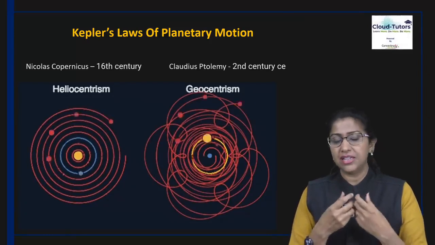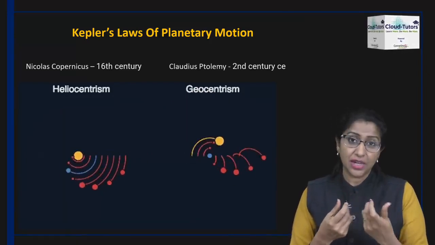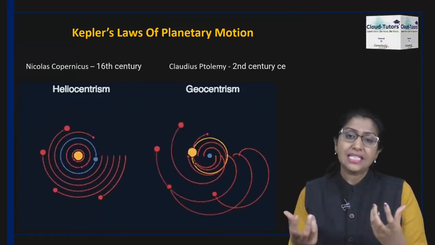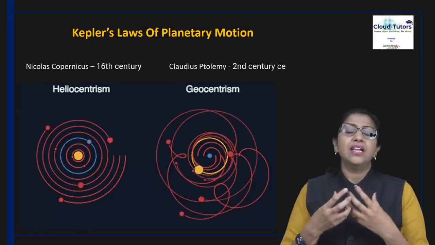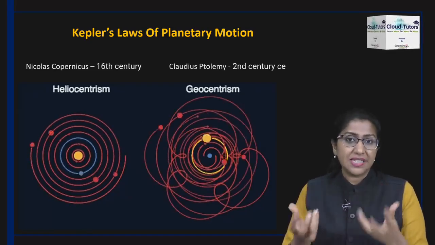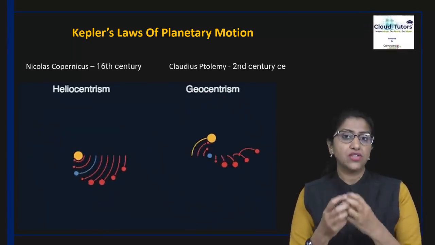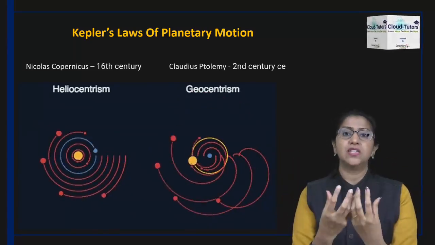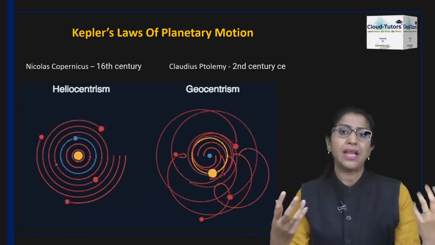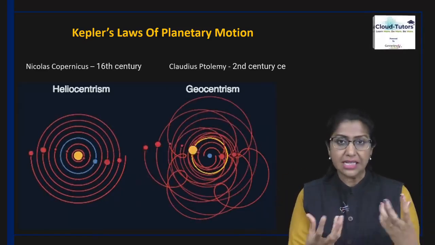Helio, anything that refers to helio, refers to the sun, basically, right? So when Nicholas Copernicus presented this theory, he said that the sun is the center of our planetary system and everything in the planetary system revolves around the sun.